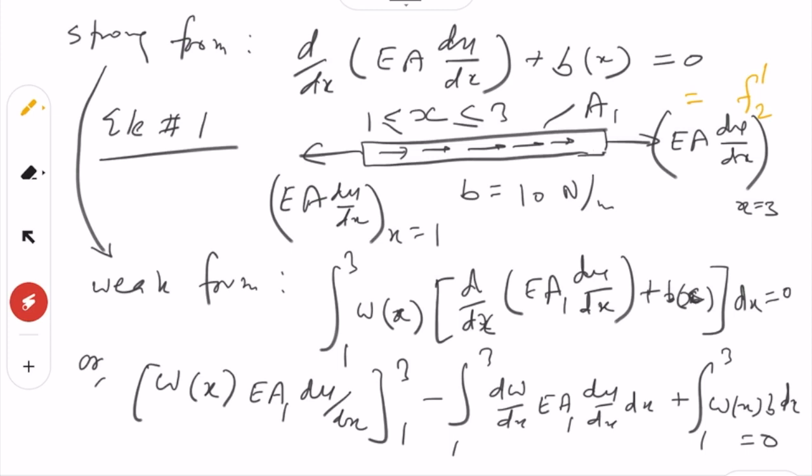So we will write 3. So this is F13: local element number 1, and this is node number 3.